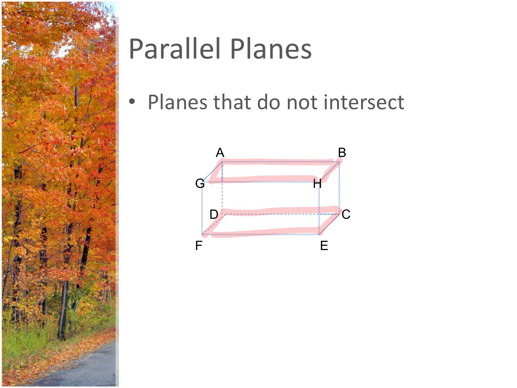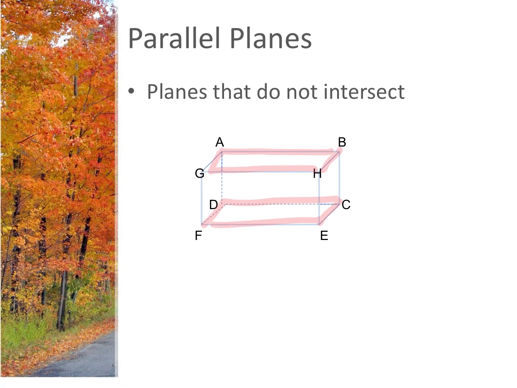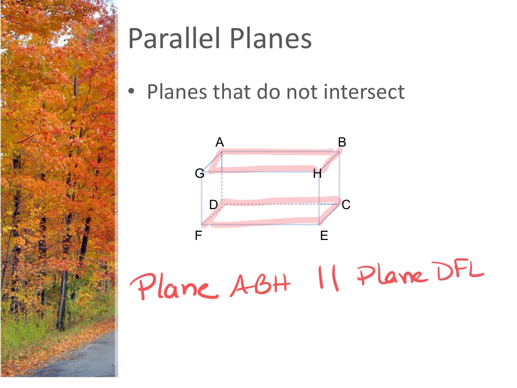Now, if they ask you to name it, remember you need to write the word plane and then choose three of the letters that are going around the edges. It doesn't matter. So I could call the top ABH, and then I could say it's parallel to the bottom plane, and I could call that DFE. It doesn't really matter. Pick three of the four letters surrounding that plane.